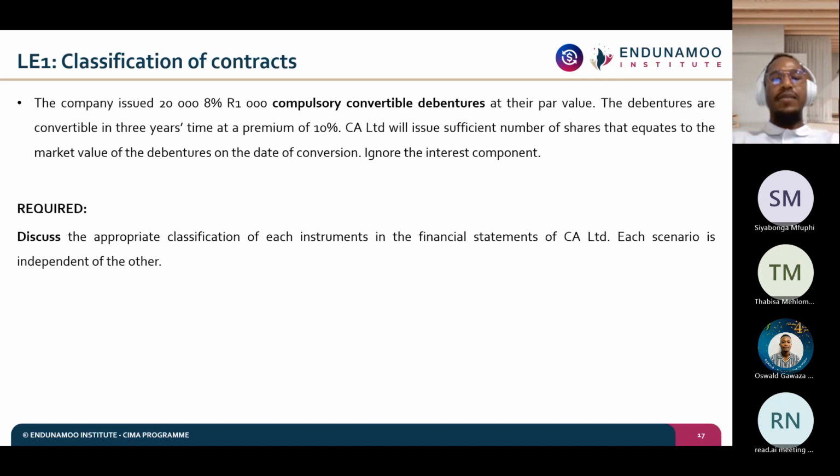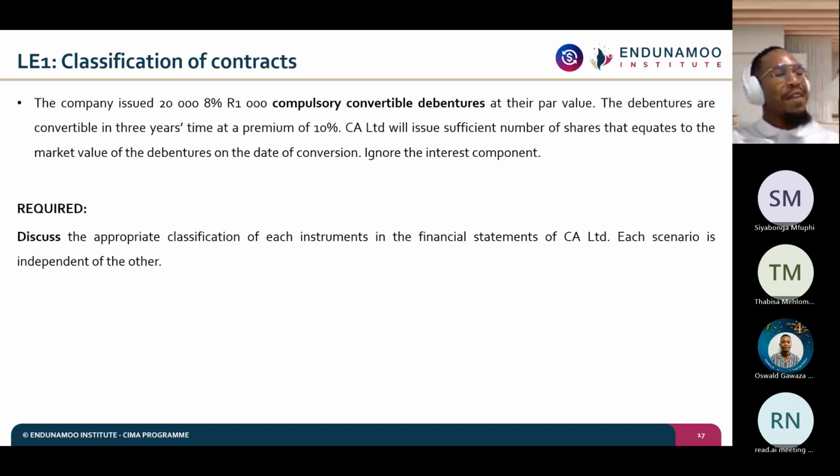So what the standards say is, if at the end of the debenture period, the entity is going to need a variable number of shares to settle the value of the debenture.